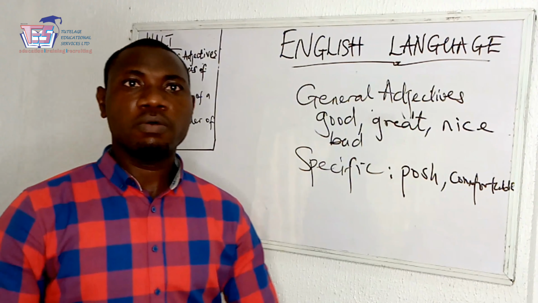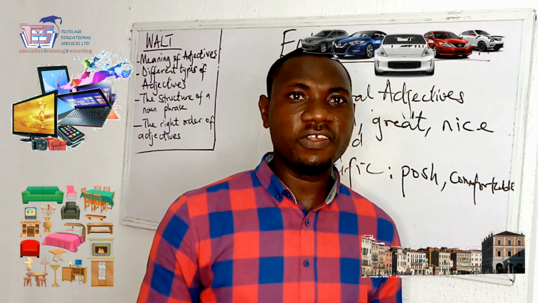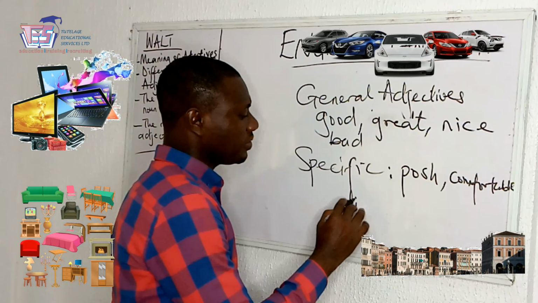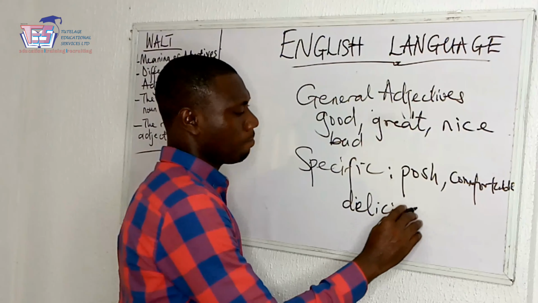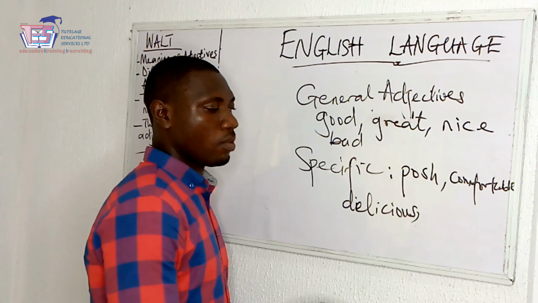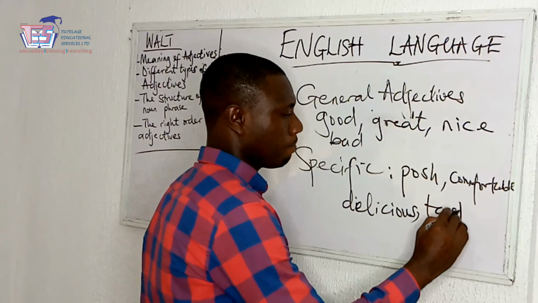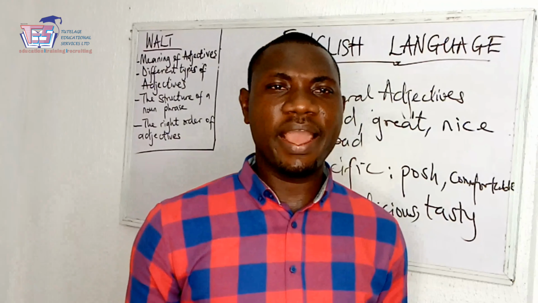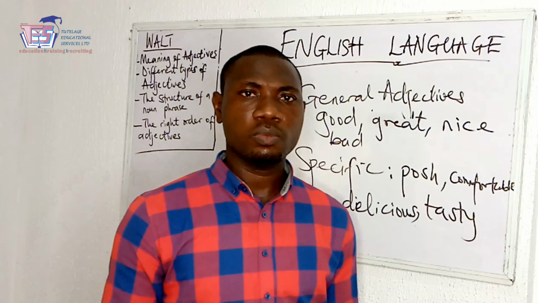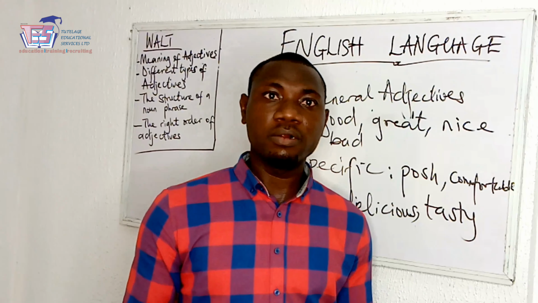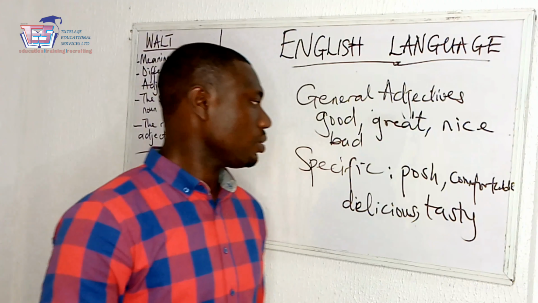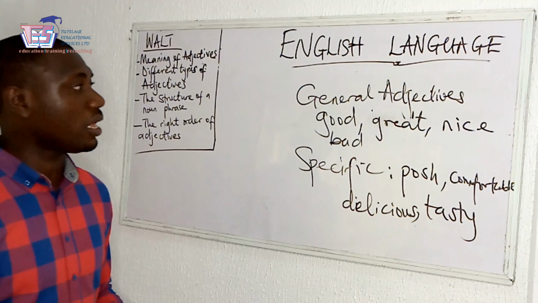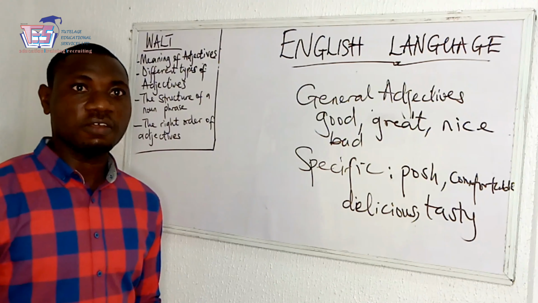They apply to furniture or houses or cars. When you look at the words delicious or tasty, of course, you know that we only apply them to food or meals. So that is about specific adjectives. We have one of them, but we have to keep it short to save time.